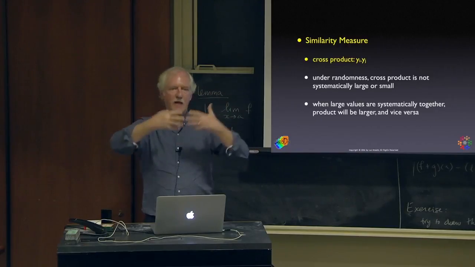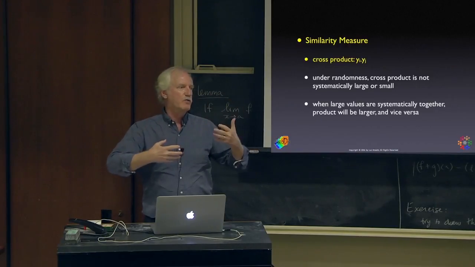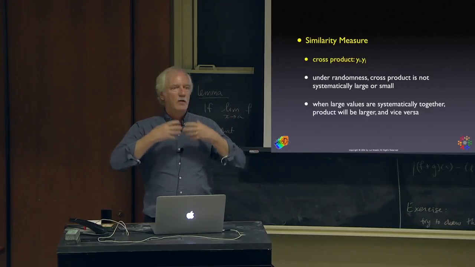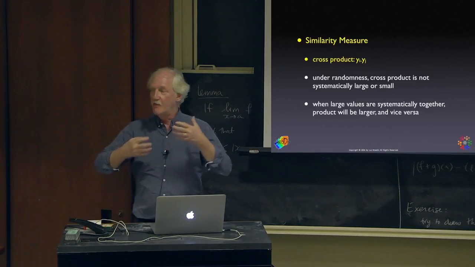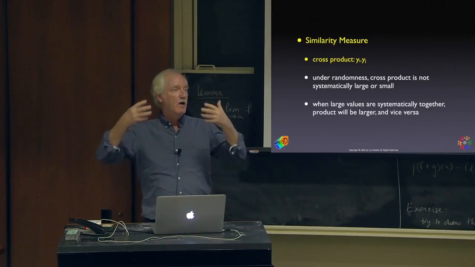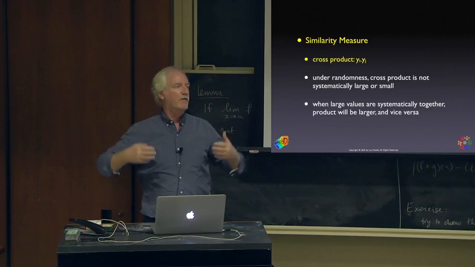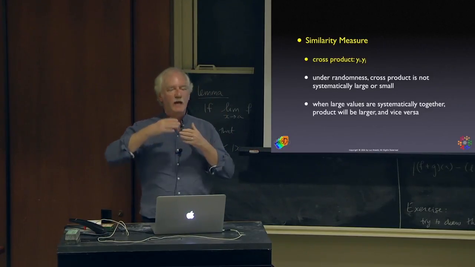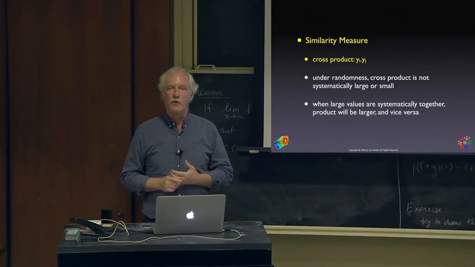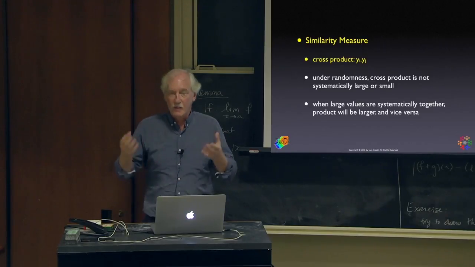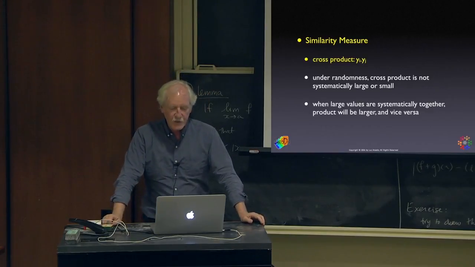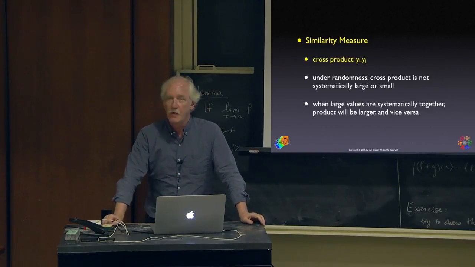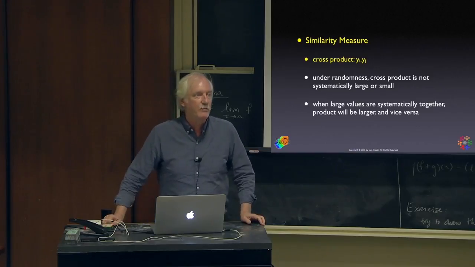If there's random matching of the highs and the lows for the two variables, your product will behave in a certain way. But if there's systematic matching of the large values together and of the small values together, you get extremes for your product. And so that's why it is used in a lot of measures as a measure of similarity. You just simply multiply them together, right?